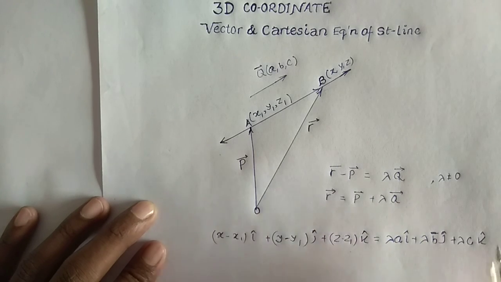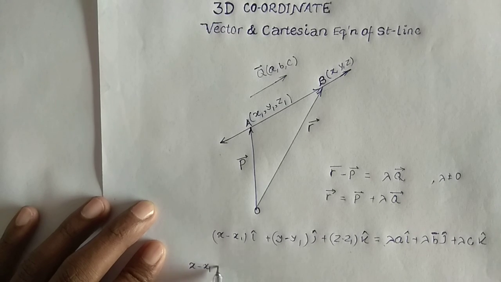If the vectors are equal, then their components must be equal. So here we get x minus x1 equals lambda a, y minus y1 equals lambda b, and z minus z1 equals lambda c.